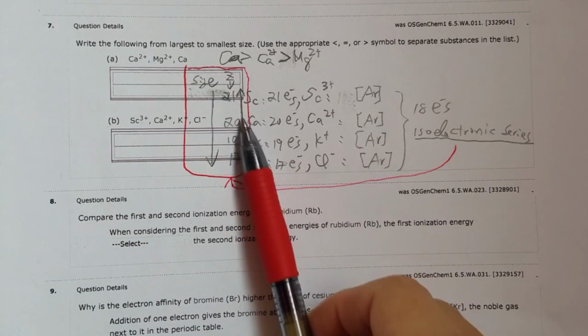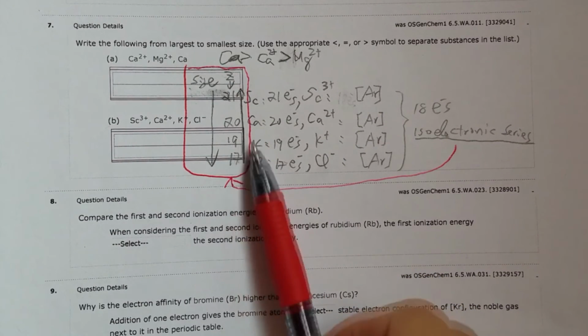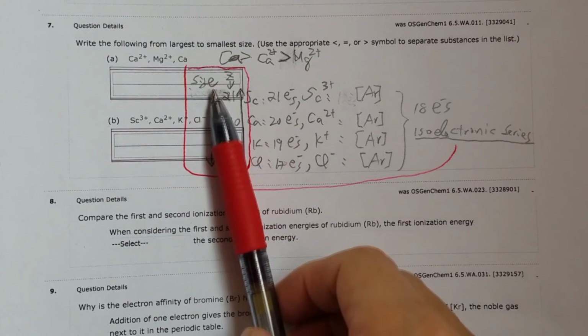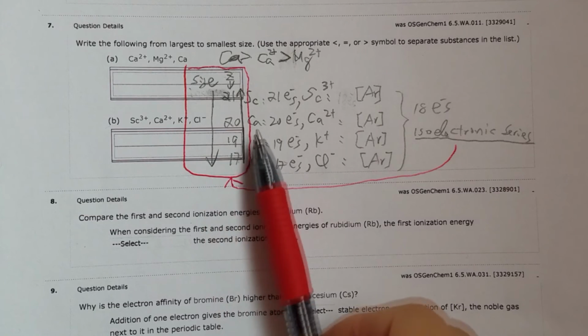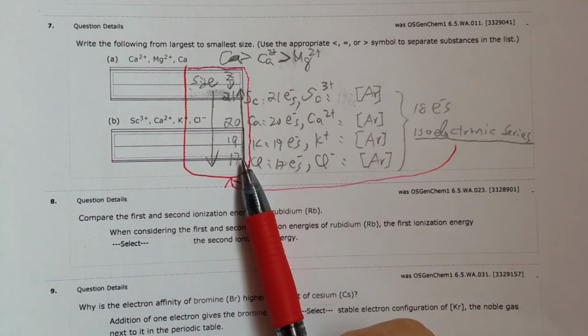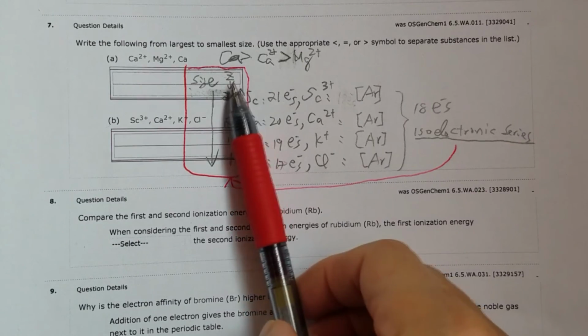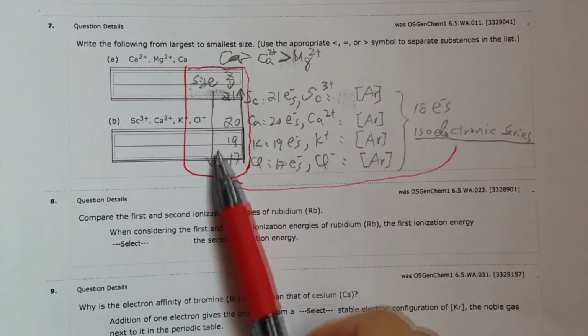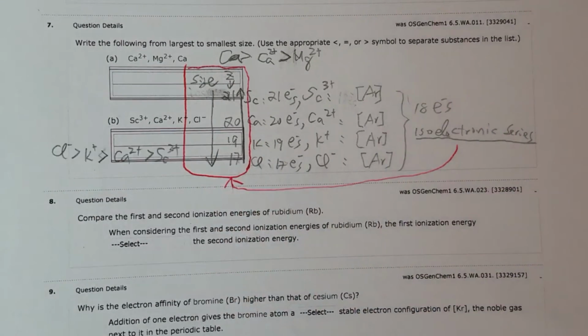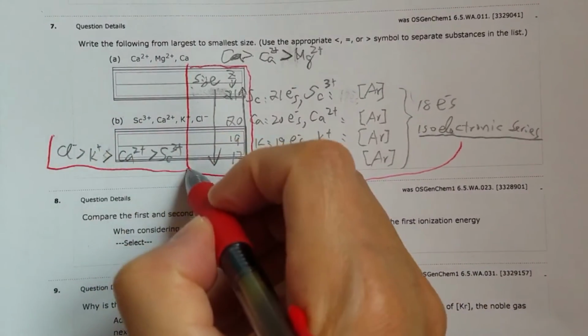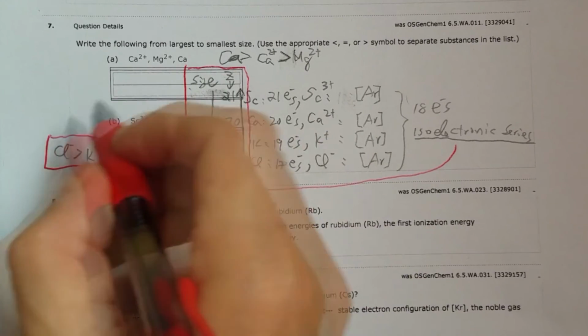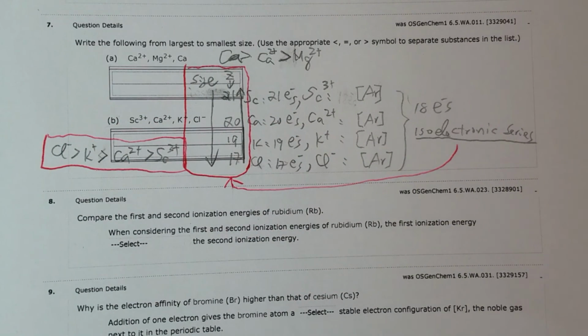All right, 21, 20, 19, 17. So the size increases with the decreasing atomic number. You see, atomic number goes this way, and then the size should go this way. So therefore, this should be the correct answer. That's question 7.